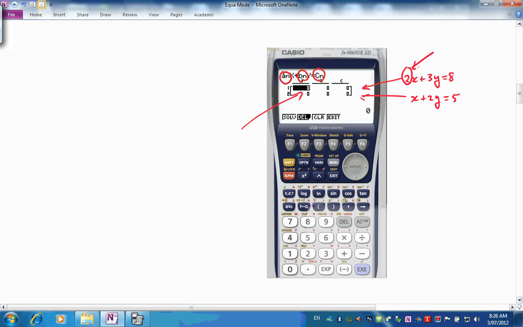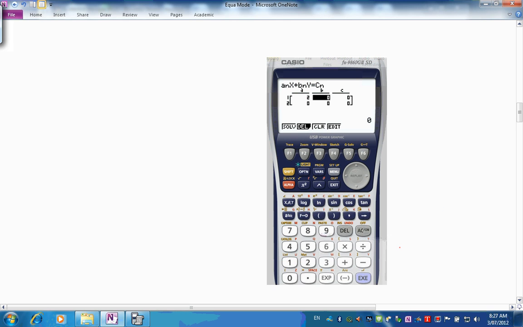This needs to be put in now. So what I'd like you to do is to hit 2 on the keyboard and then execute, and you'll come to this. You'll notice that the 2 is nicely entered and the highlight's gone to the next position, the number of y's. So what I'd like you to do now is to enter in that first row.